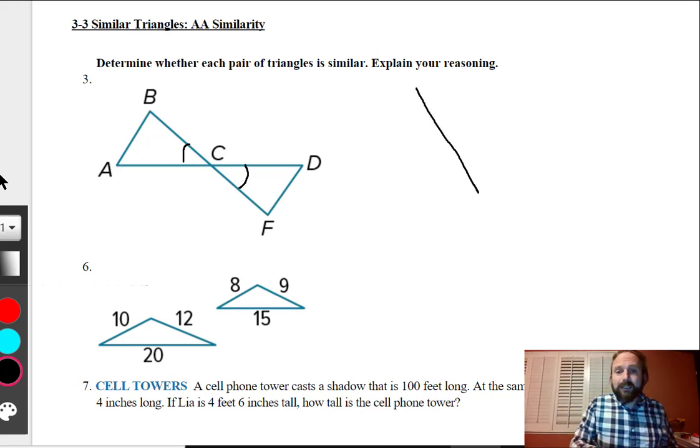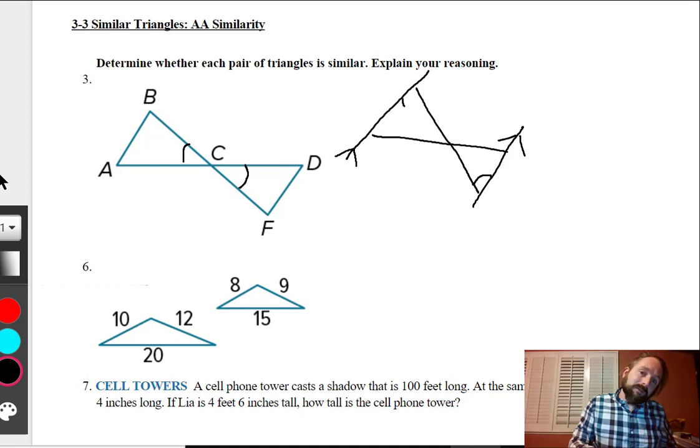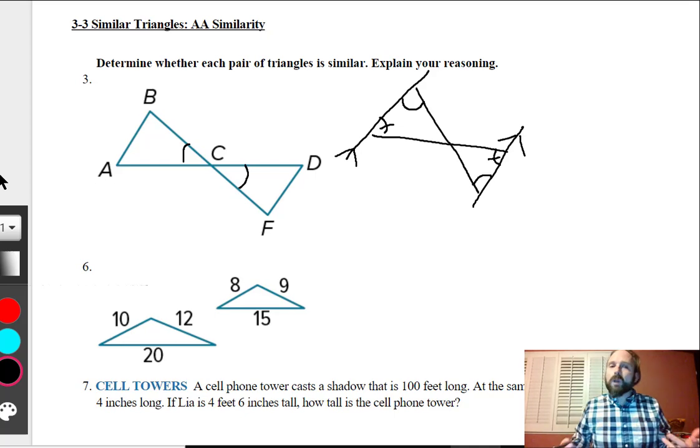However, if it said they were parallel, then we'd be like, all right, this is parallel to this one right here. However, does it state that AB and DF are parallel? No. So there's nothing that will tell us any other information about the angles, therefore not similar.